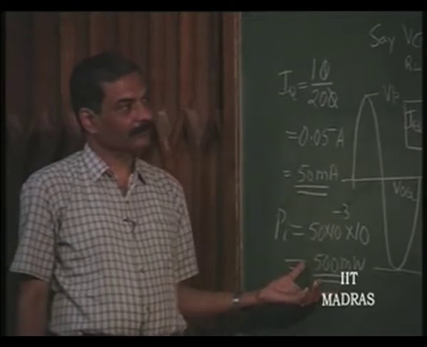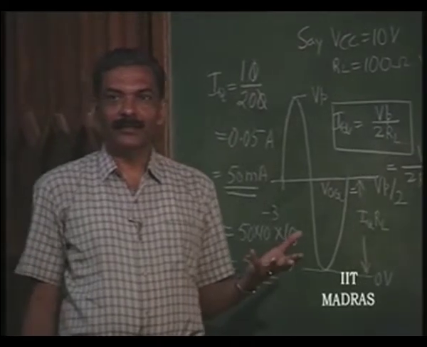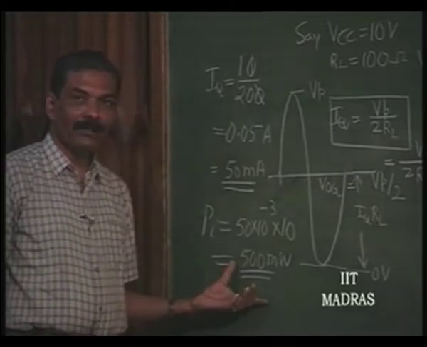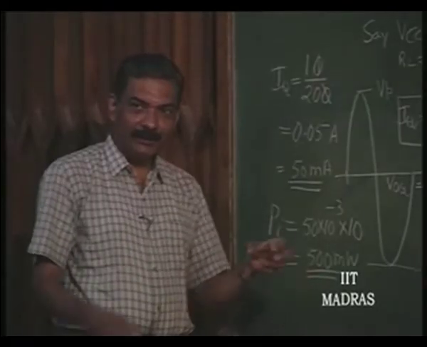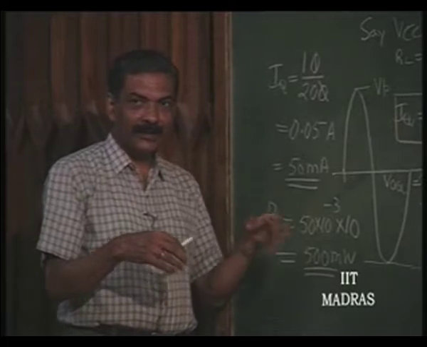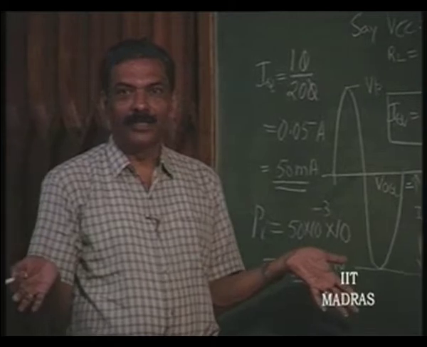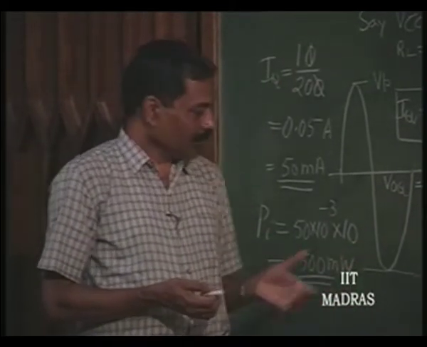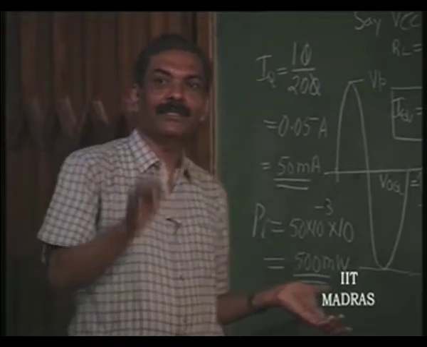Suppose you are using a battery there, even when the signal is not coming, this power is being wasted. So, this is why it is inefficient. In order to keep it in readiness for a swing which is going to be coming maybe sometime or other, we are not sure whether this much swing is going to occur at any time. We are now wasting 500 milliwatts of power just waiting for the signal to come.